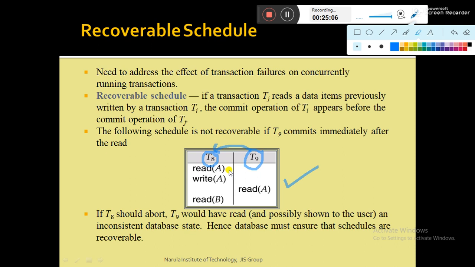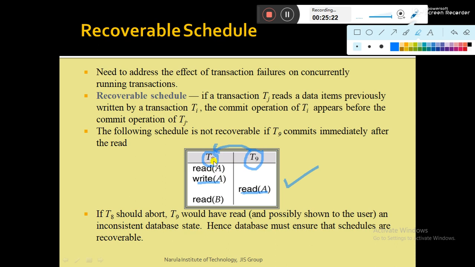Why do we term it dependent? Because if you look at the statement here, transaction T9 reads a data item A which was previously written by transaction T8.